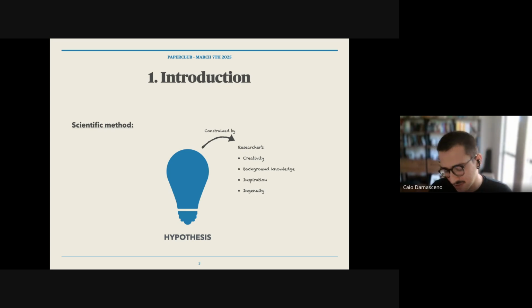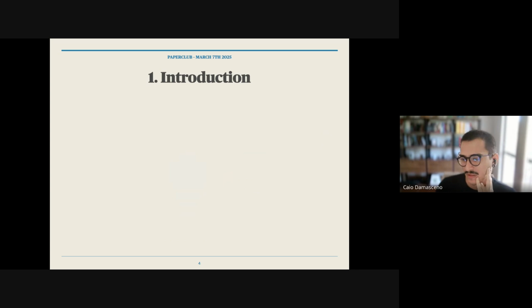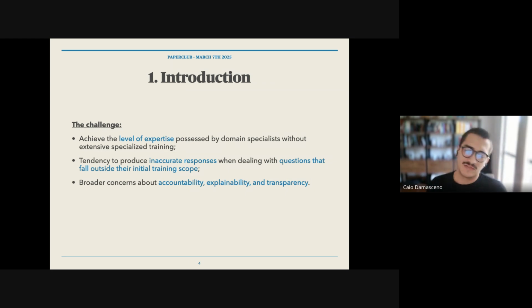So this is the scenario of the scientific method when it comes to creating hypotheses. But we are not cavemen anymore, right? We don't have to be constrained by those things, because AI can help us go beyond human capability. AI can improve this process of creating hypotheses. And this is what the paper tries to bring to the table. So the challenge. The challenge of this project was to achieve a nice level of expertise.